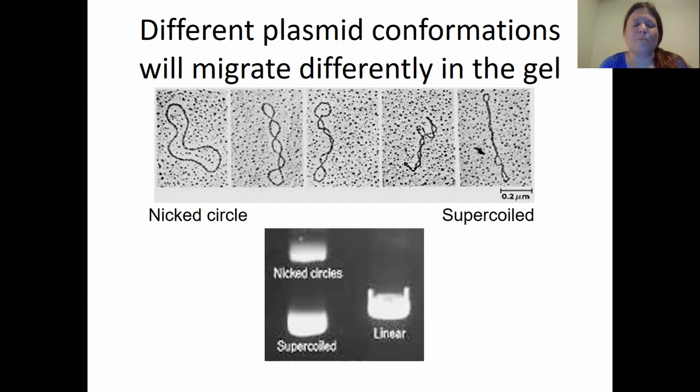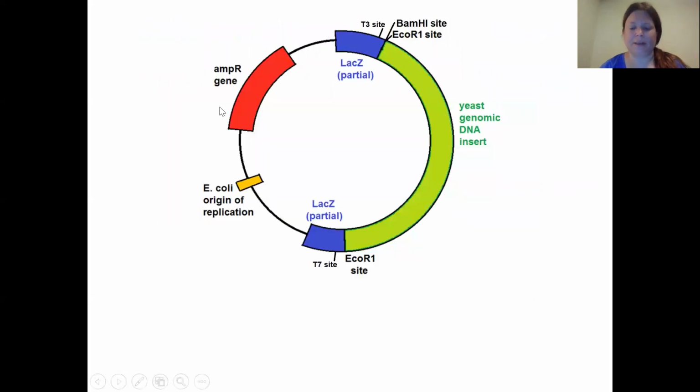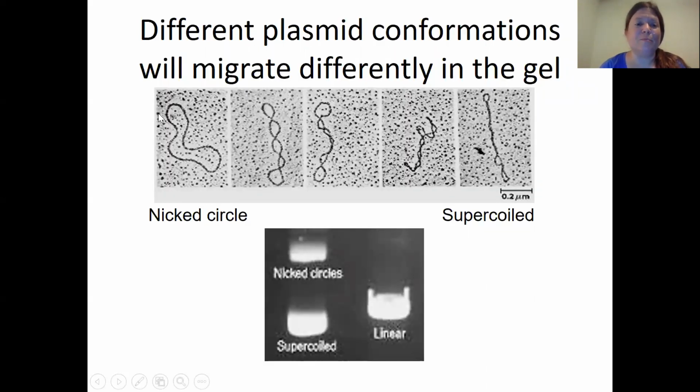E. coli are all about saving space. But sometimes, just through sheer random accident, you get a nick in one of the 2 strands of DNA, and the tension in that supercoiled circle unwinds. It spins out and becomes just a fully relaxed circle.